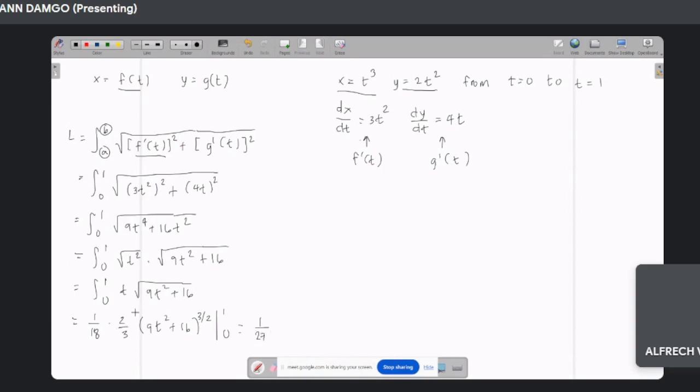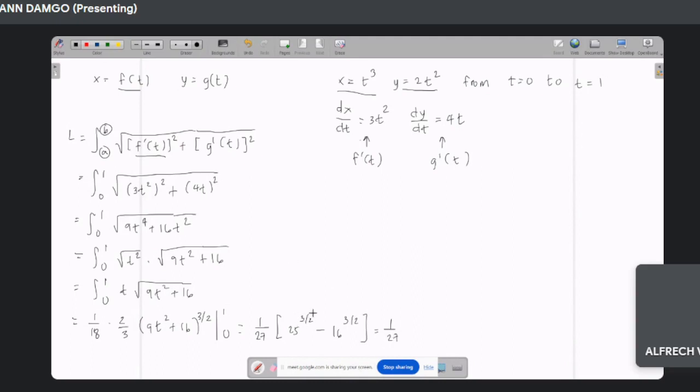Kaya makancel lang ng 2 ug 18. So, ato ni siya evaluate. So, when t is 1, so we have 25 to the power of 3 halves. Okay? Minus, so when t is 0, so we have 16 to the power of 3 halves. Okay?